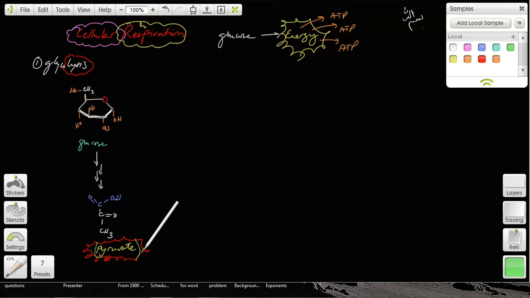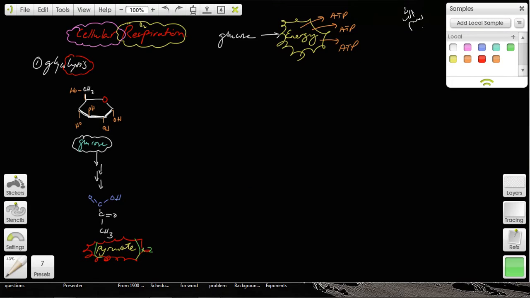So glycolysis, or the first part of cellular respiration, is the conversion of a glucose molecule into 2 smaller molecules of pyruvate. There's 1, there's 2, and there is 3. So pyruvate is a 3-carbon molecule.